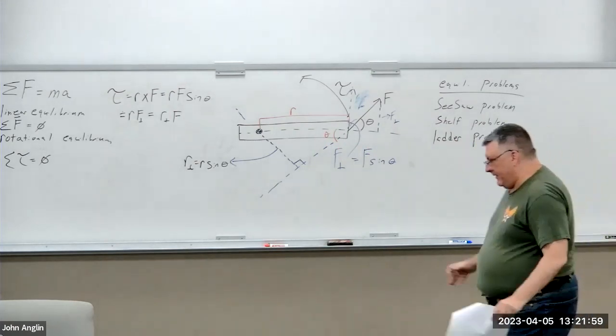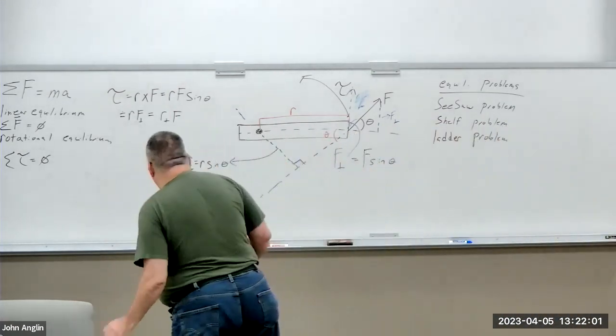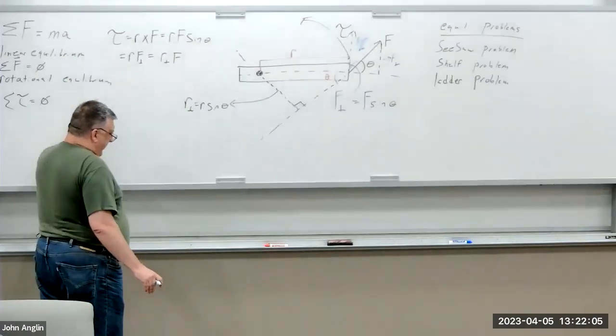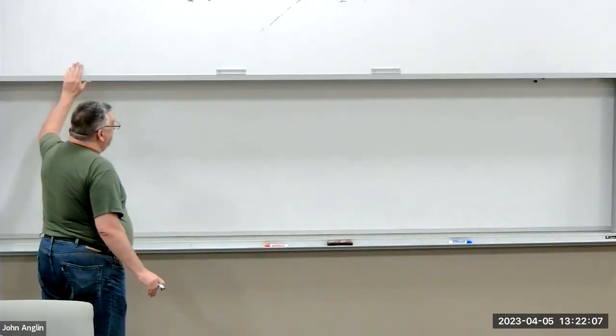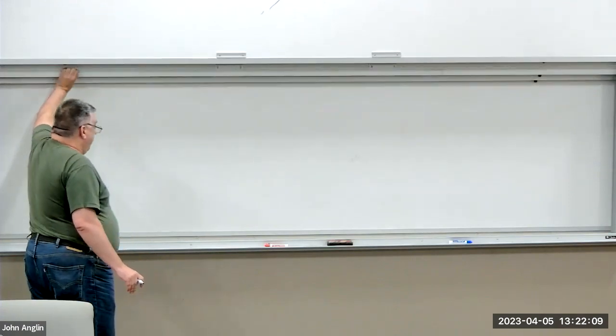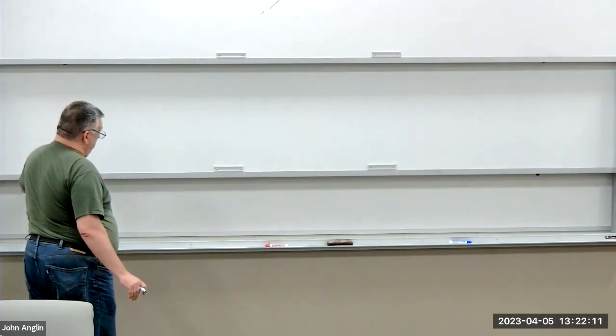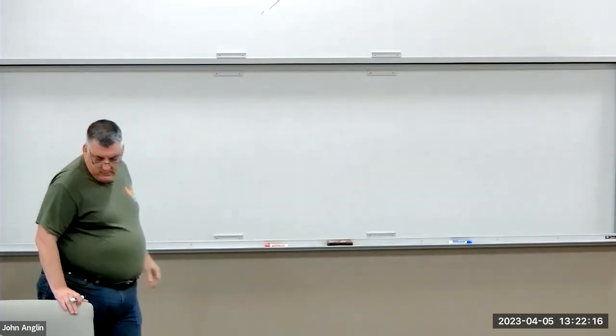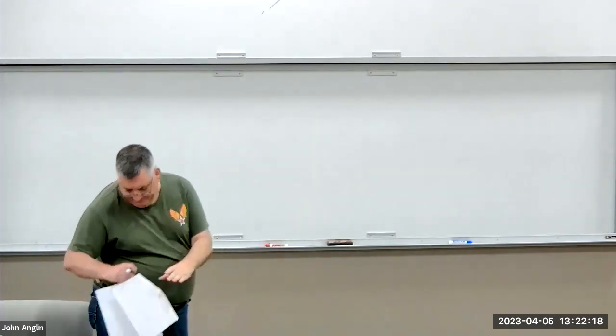So now that we kind of have an idea of what we're looking at and the kind of thing we're going to have to solve, let's go ahead and do that. So let's set up a problem.